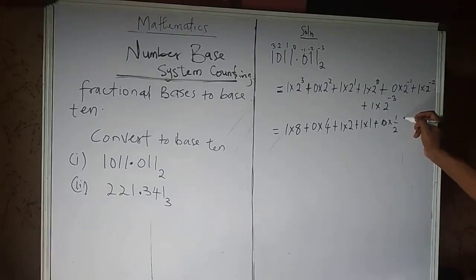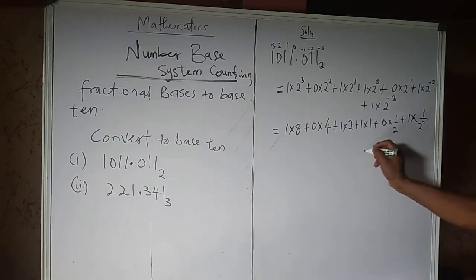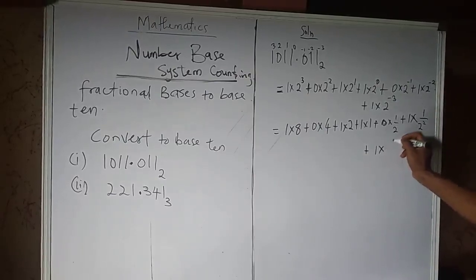Plus 1 times 2 raised to the power of minus 2. For you to understand this, you need to take our lesson on indices. Once you've taken our lesson on indices, you're going to grab that. Then 1 times 2 raised to the power of minus 2 is the same thing as 1 over 2 raised to the power of 2, then plus 1 times 1 all over 2 raised to the power of 3.